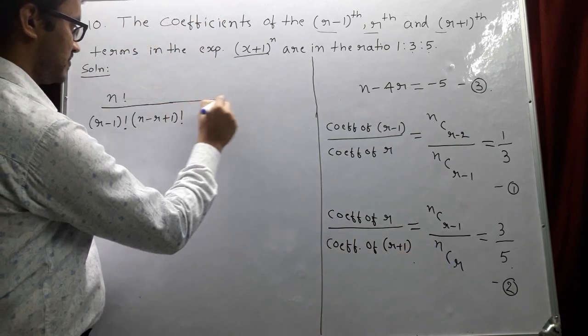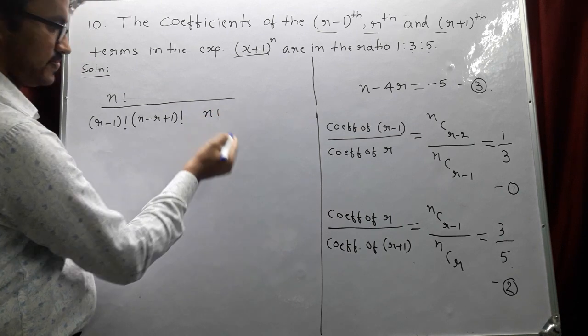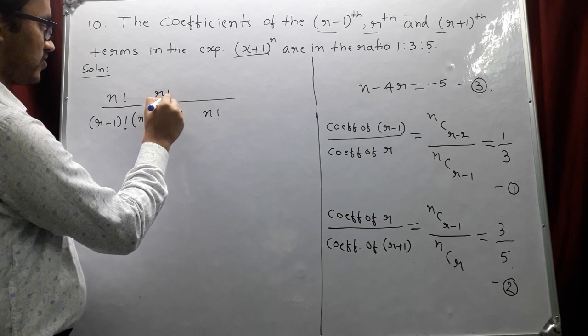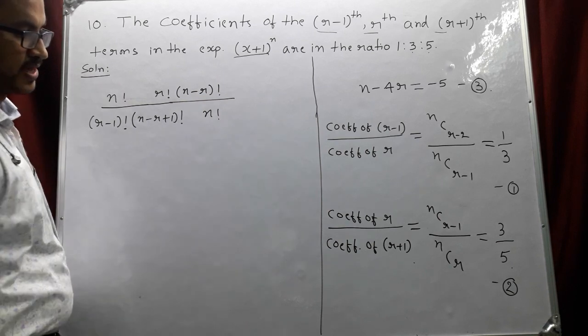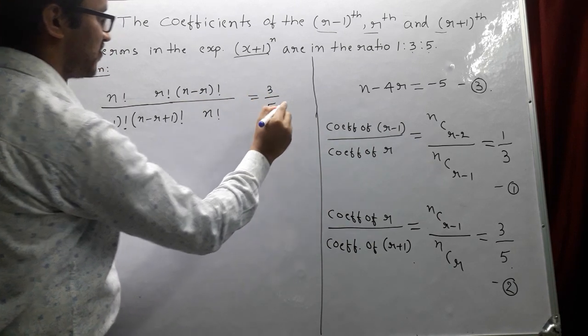So that is same as n factorial, here r factorial into n minus r factorial is equals to 3 by 5.